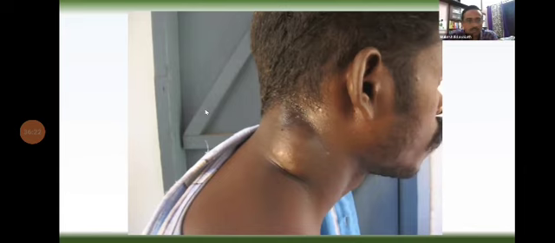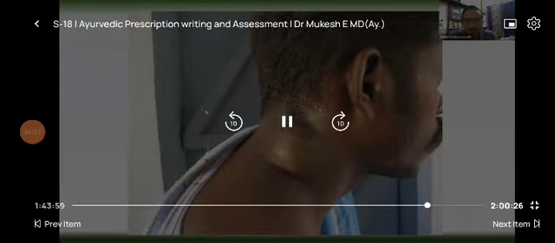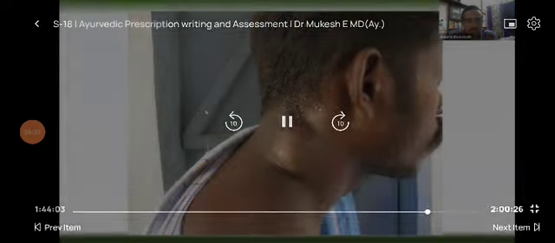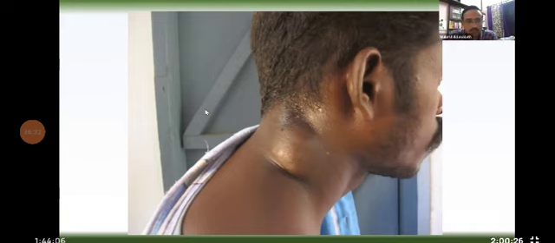What is this condition? Any idea? I am speaking about modern now. Just now we stopped speaking Ayurveda. Now I am asking you, what is a modern diagnosis?